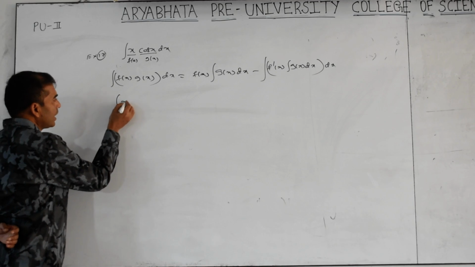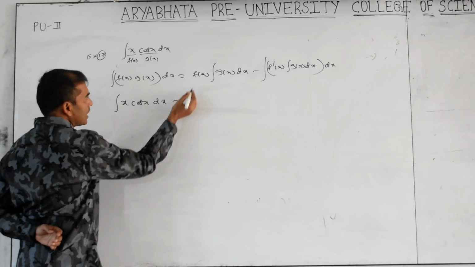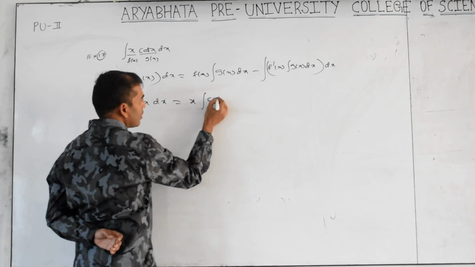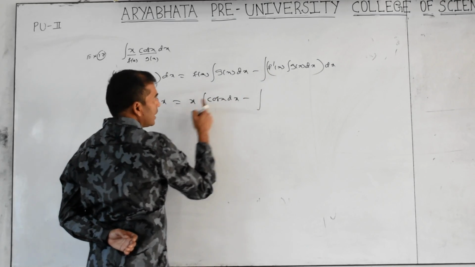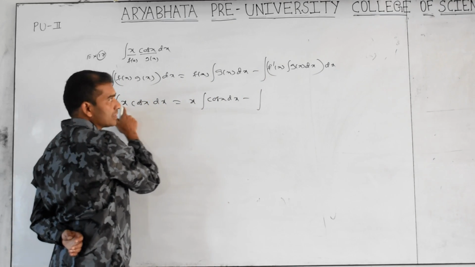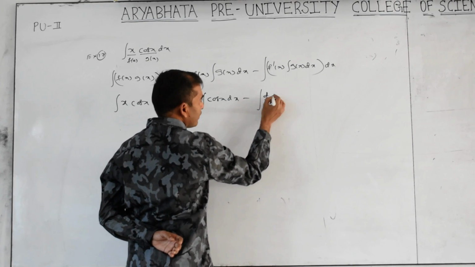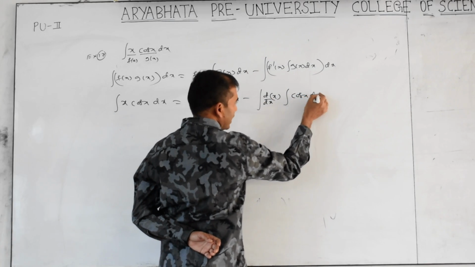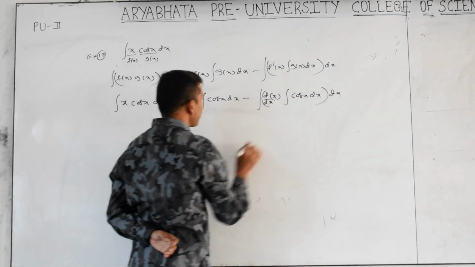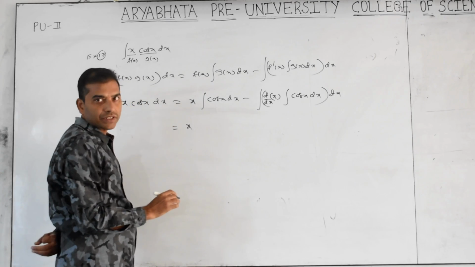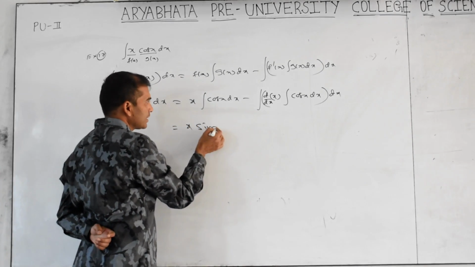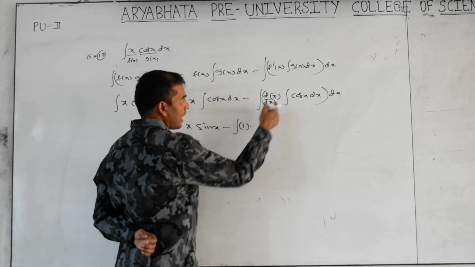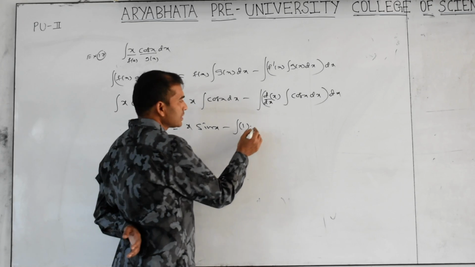Now, integration of x cos x dx. Here f of x is x, and the integration of g of x is the integration of cos x dx, minus f dash x, the derivative d by dx of x, times the integration of cos x dx. So it is x into sin x, minus the derivative of x, which is 1, times the integration of cos x, which is sin x.